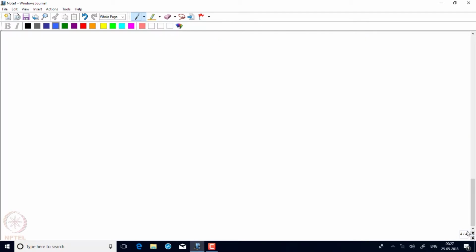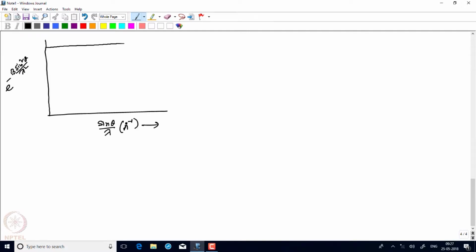So if we try to plot e to the power minus B sine square theta by lambda square versus sine theta by lambda in angstrom inverse unit, we would get a straight line when B is equal to 0.